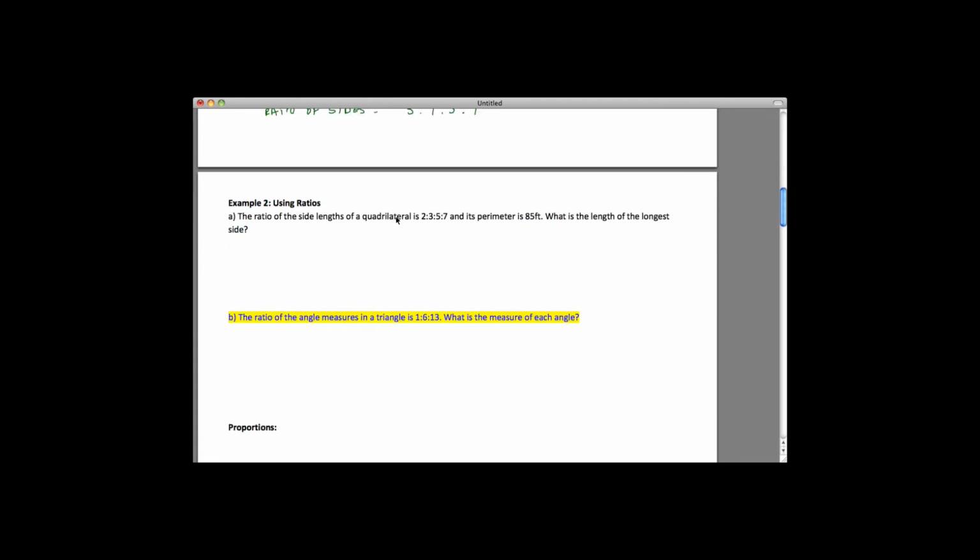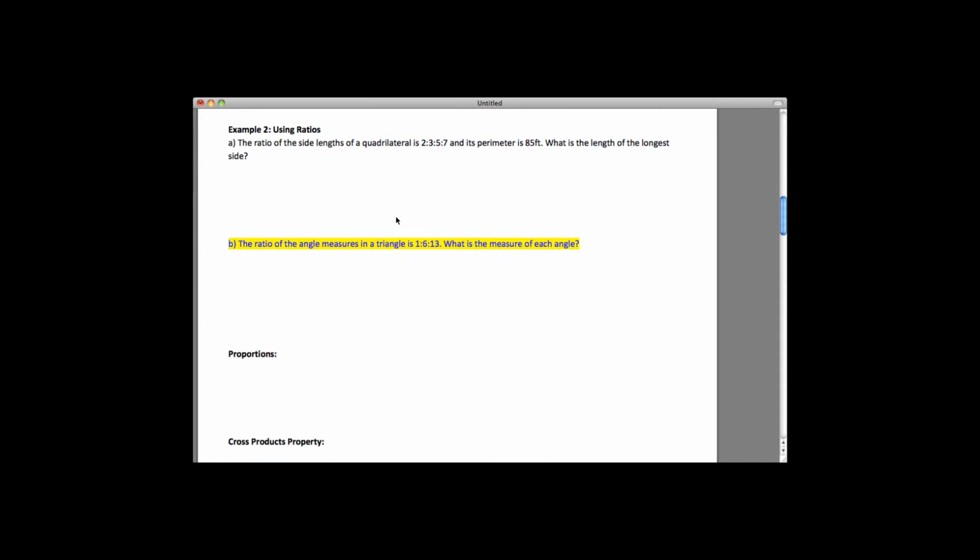So it's important to remember that we don't just have to have 2 numbers to have a ratio. The ratio of the side lengths of this quadrilateral is 2 to 3 to 5 to 7. Notably, it doesn't necessarily have to be side length 2, 3, 5, and 7, because if it's a ratio, then it's a division problem, a fraction, so we'd have to reduce it.